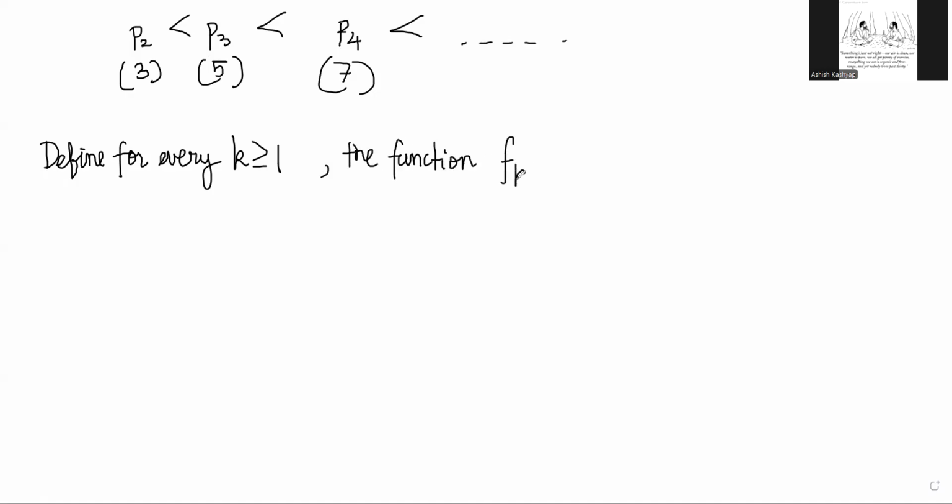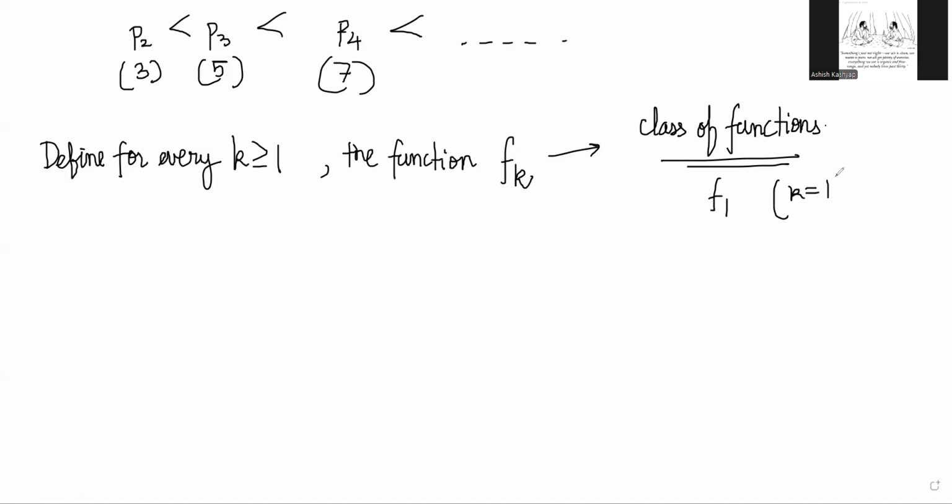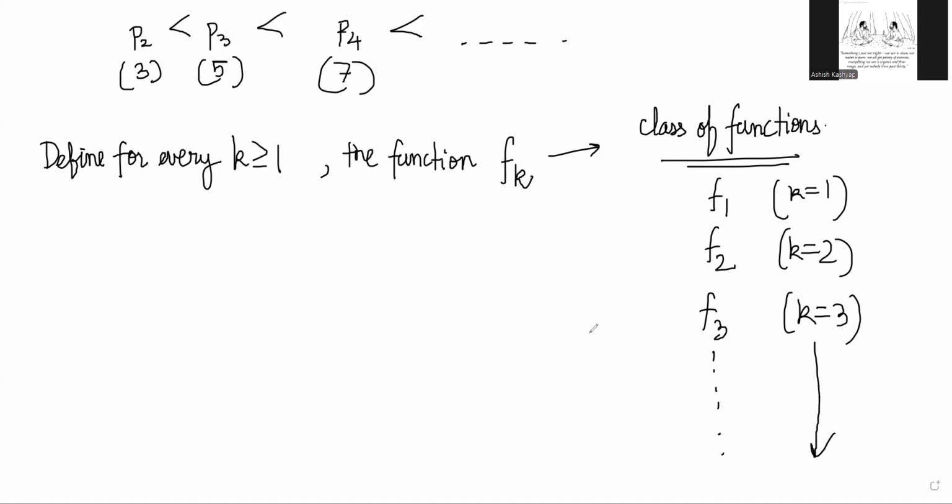Now this f of k is basically defining a class of functions. What do I mean by a class of functions? When k is 1, I am defining function 1. When k is 2, this is function 2. And basically, it's an infinite series of functions, right? There are so many functions that I can define for different values of k.